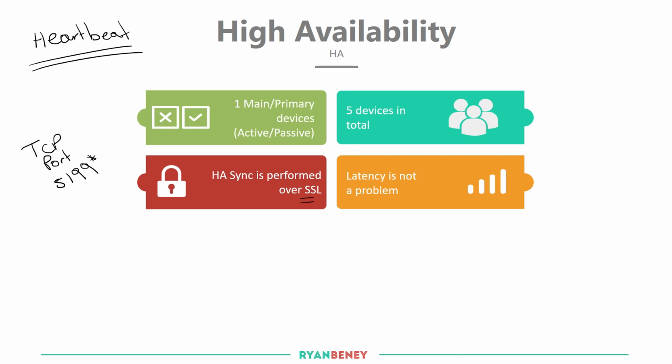Now, latency is not a problem, and normally in some sort of HA environment, latency is a problem because the changes need to be done in real time. Well, that is somewhat true with the FortiManager, but somewhat also not true. And what do I mean by that?